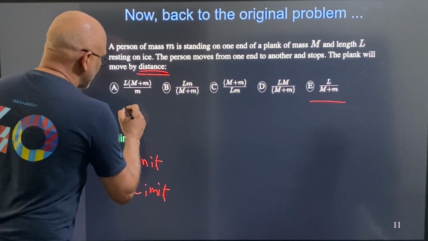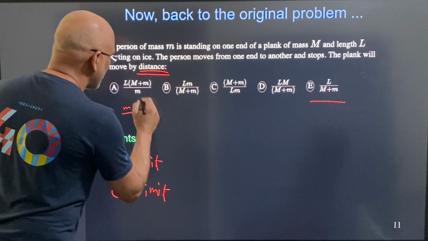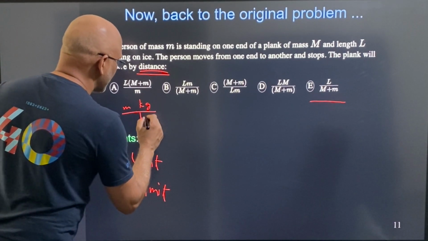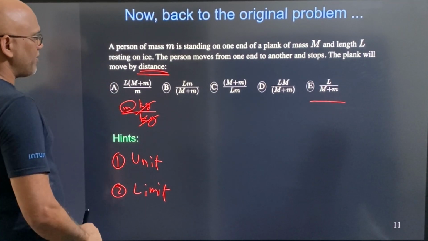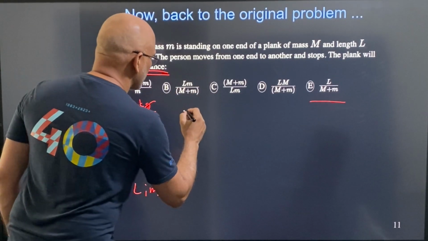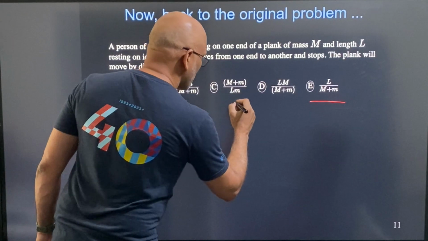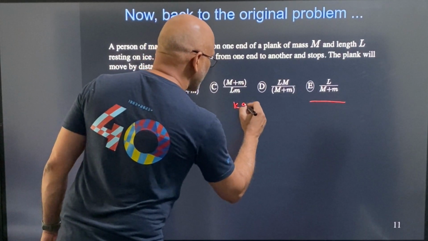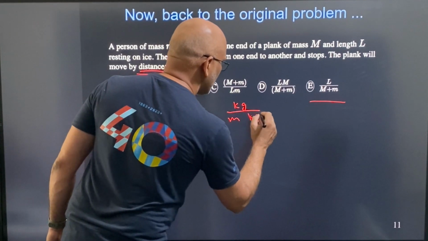So L, length can be in meter, mass is in kg, over this mass is going to be in kg too. So kg cancels. So this has the unit of meter, which is good. Similarly, you can see here, this will also have unit of meter. On the numerator is going to be kg, and here meter times kg.